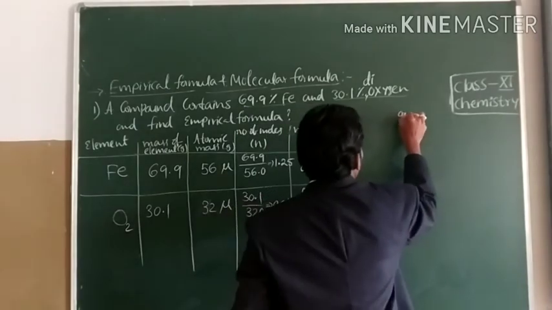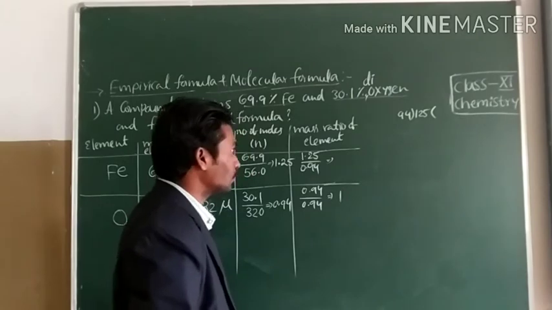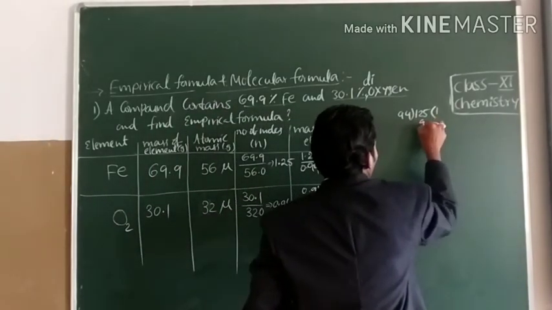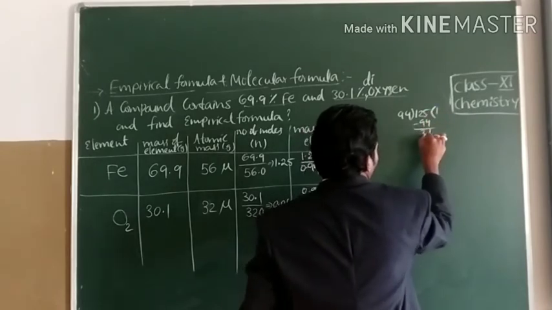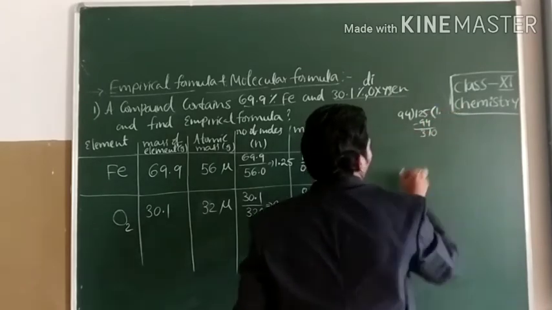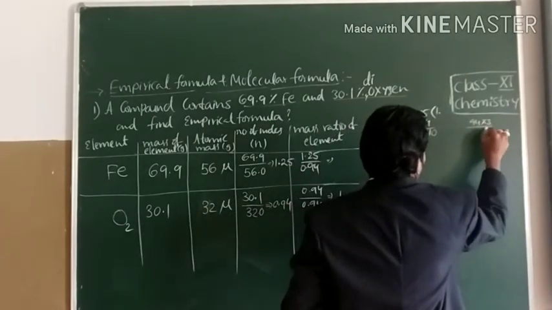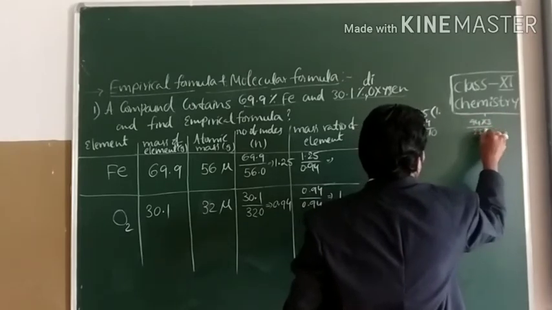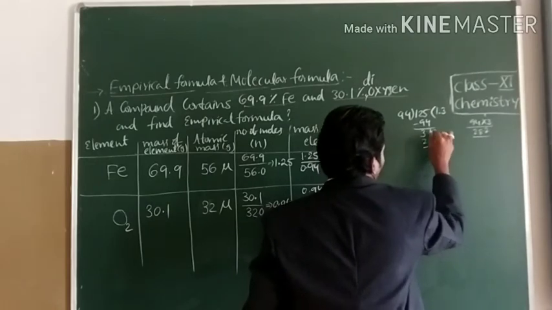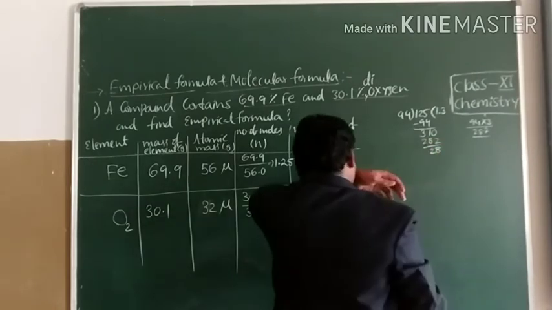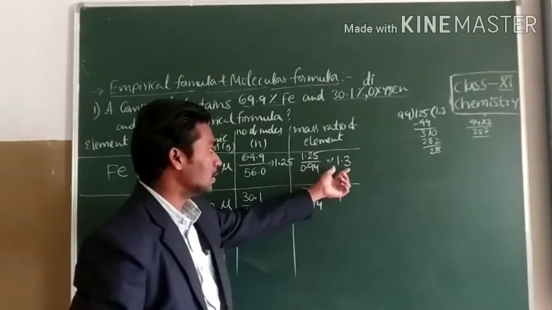Let's simplify it: 125 by 94. 94 goes into 125 once; 125 minus 94 is 31. Then 310, and 94 times 3 is 282, so the remainder is 28. So we get 1.3. So here we got 1.3, and here 1.